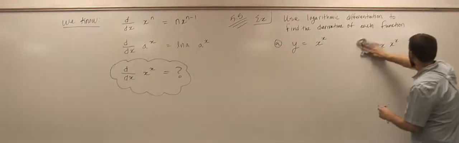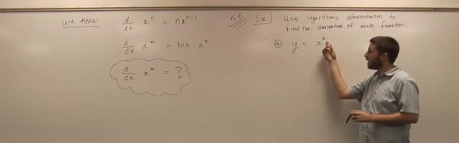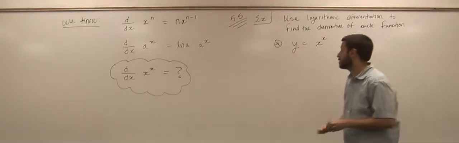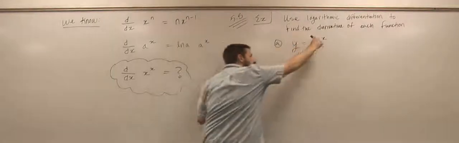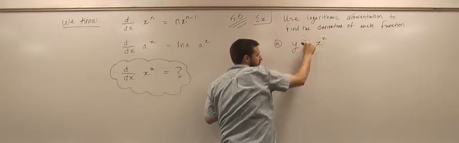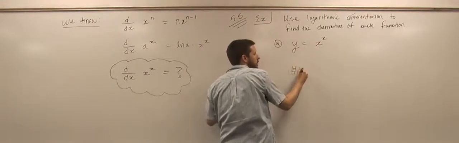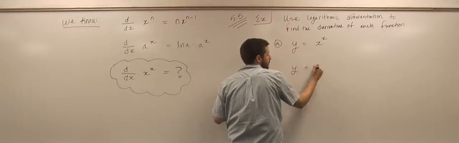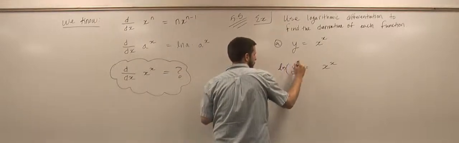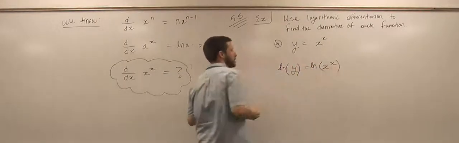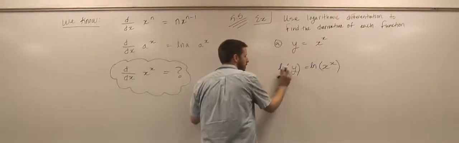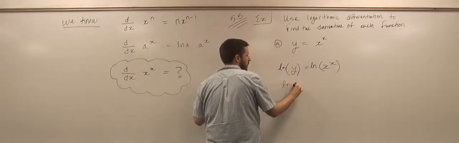So when you have a variable base and a variable exponent, the trick is to natural log both sides and do implicit differentiation. To bring this exponent down, because I don't like having an x as a base and an exponent, I'm going to take a log on both sides, naturally. So ln of y, I'm going to leave alone for now.